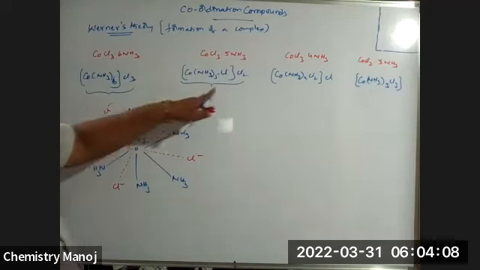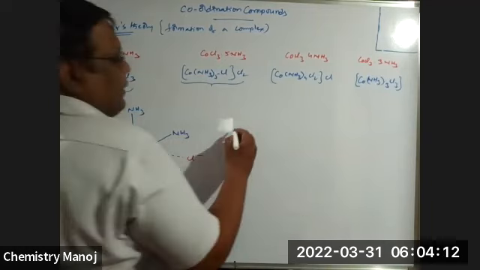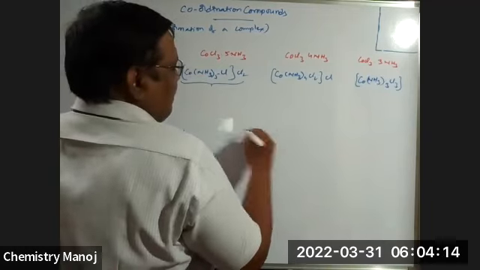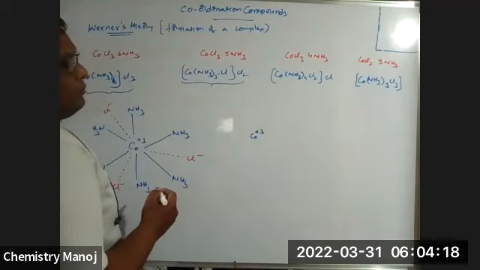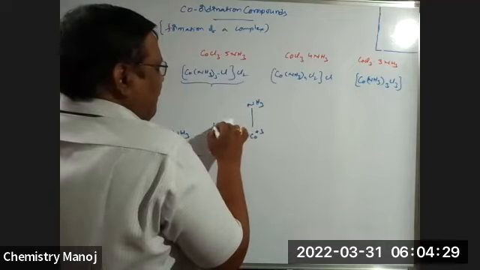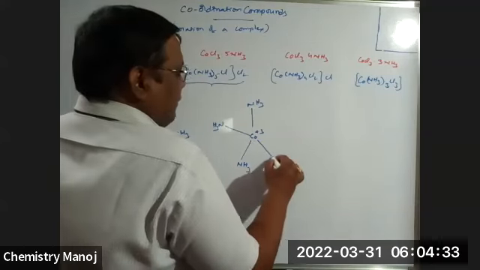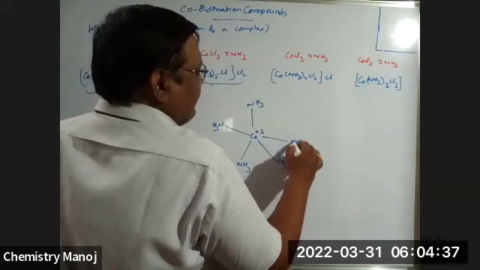See here, I am drawing this structure. Here also, cobalt is in plus 3 oxidation state. How many ammonias are there? 5. That means 5 solid lines, because these cannot be ionizable. Ammonia only satisfies secondary valency.